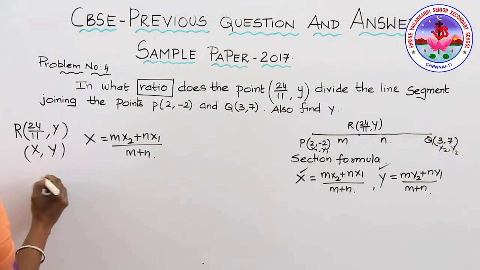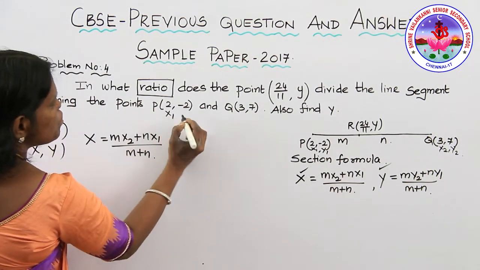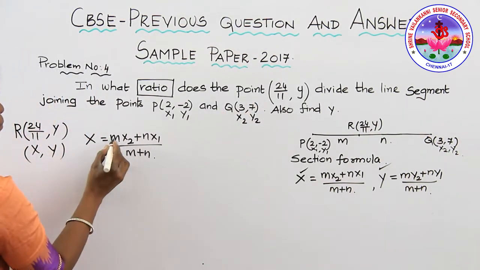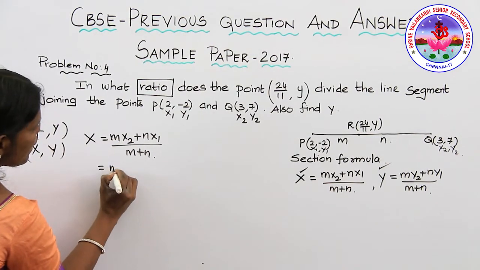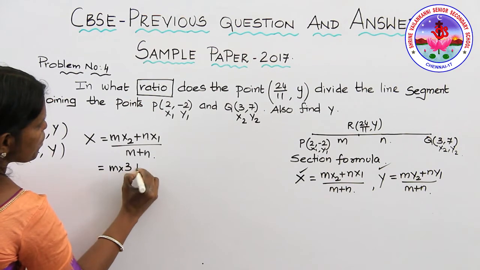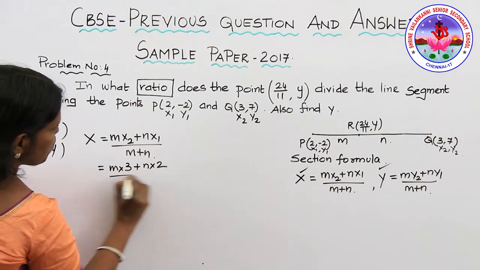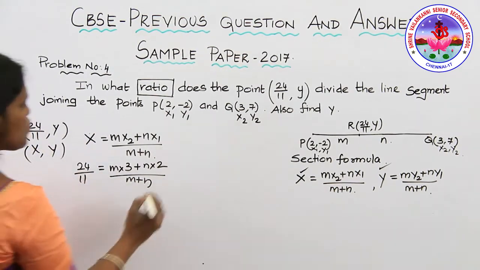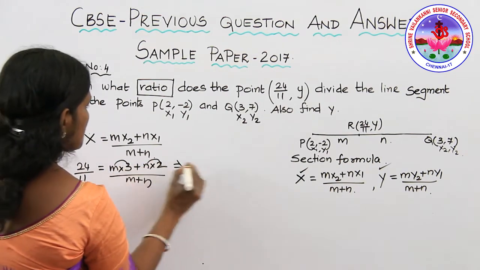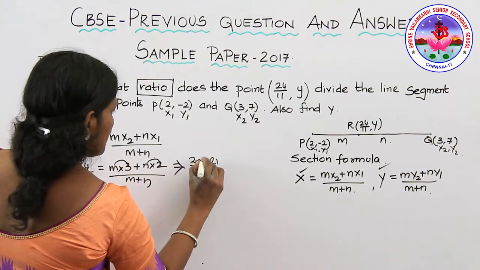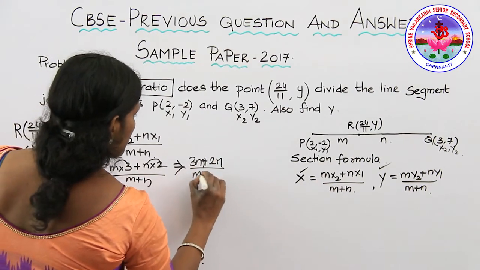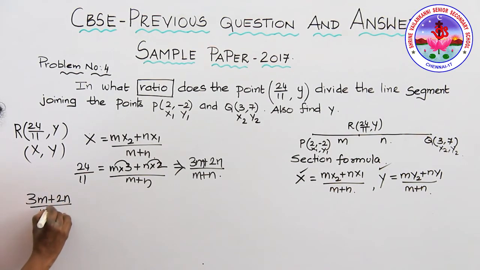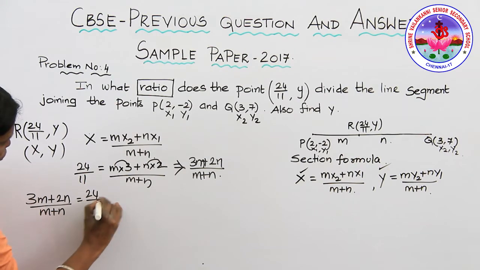So I am writing x1 as 2, y1 as minus 2, x2 as 3, y2 as 7. So m into x2 is 3 plus n into 2 by m plus n, where my x is given as 24 by 11. So this can be written as 3m plus 2n divided by m plus n, which is equal to 24 by 11.